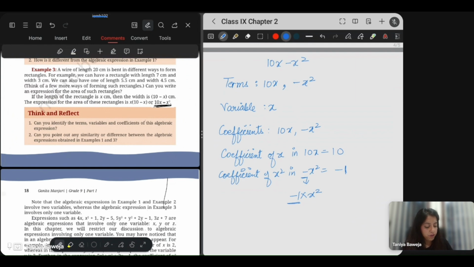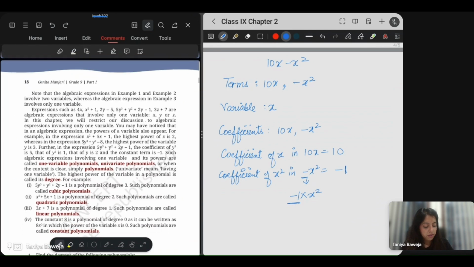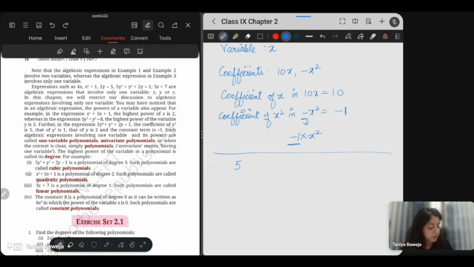Let's move on to page number 18. We are now coming to what a linear polynomial is. The first expression was 4x plus 5y plus 3.